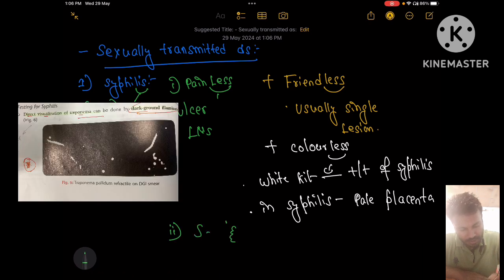Next point, it shows corkscrew motility in dark field microscopy.